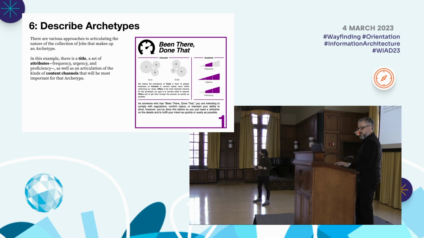When the business says, oh, we forgot something, or we've launched a new product, where does fulfilling this job fit? You can look here and say, okay, what's the level of urgency? It's high? Oh, it might be in this one. It might be in another one too that has high urgency, but it has low proficiency. Okay, so it's not in this one. It must be in that other one. And so this helps us then say, okay, can we rationalize the difference of one archetype to the next?